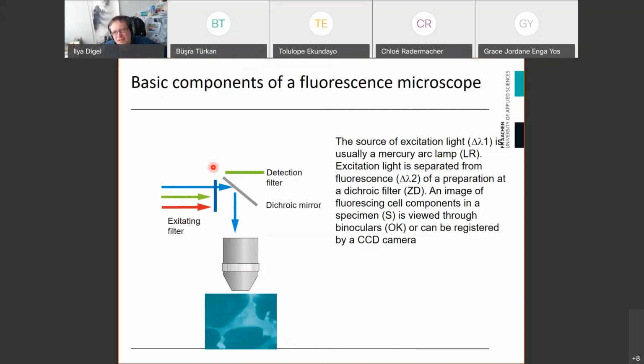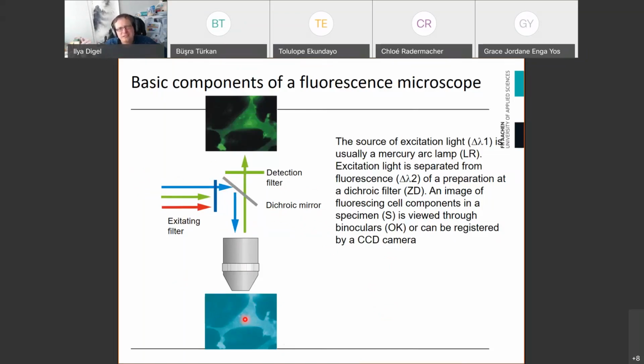Here it will be then reflected by a special mirror, which is called a dichroic mirror. And we will see now why it is called dichroic. So this dichroic mirror reflects it, and now our sample is illuminated by this blue light.